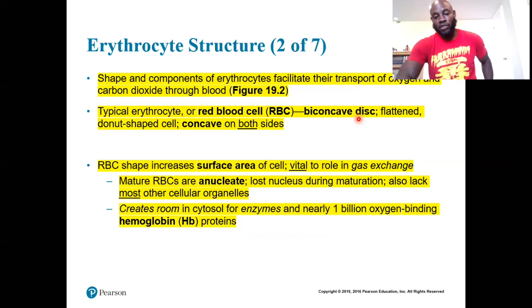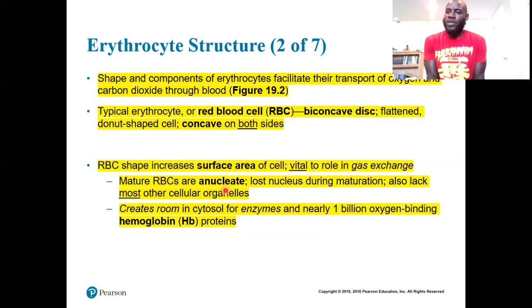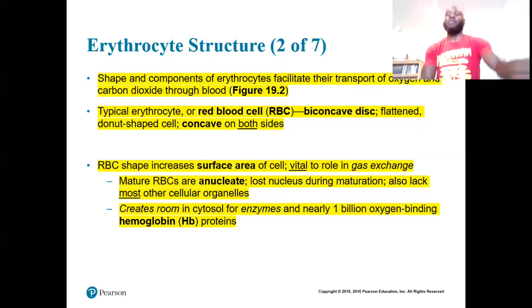Most mature red blood cells, as you see here, are anucleate. It means once they become mature, they don't have a nucleus. And you may say, well, what is the significance of that? Why wouldn't red blood cells have a nucleus? They've been optimized for their specific function, right? Their function is going to be to transport substances, oxygen and carbon dioxide across the surface.